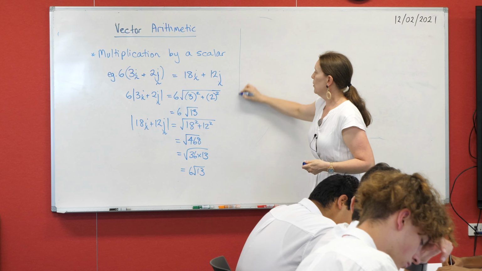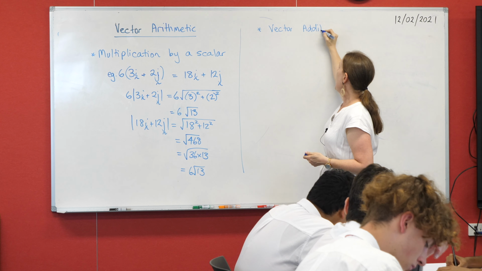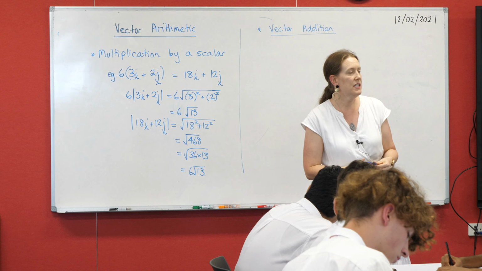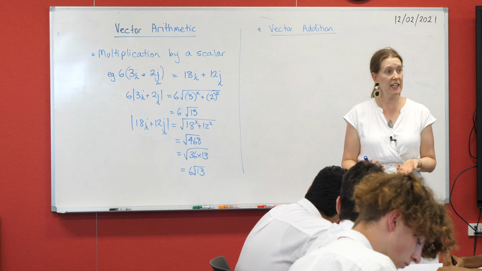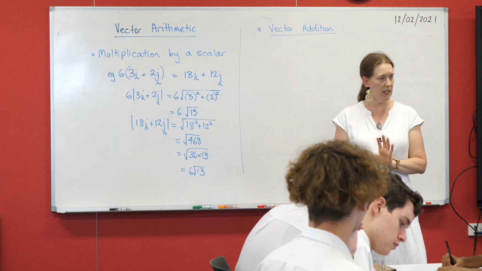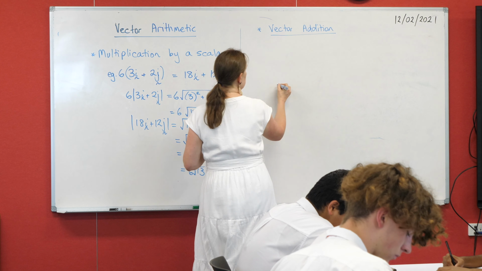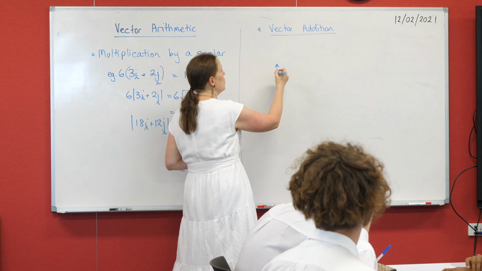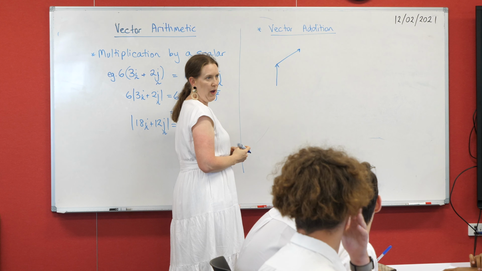The next bit I want to talk about is vector addition. You guys informally dealt with vector addition yesterday when you were playing your vector racer game. Every time you made your first move, which most people made a first move of 2 straight up, you then added on to that one, and often you went sideways in some way, shape or form.